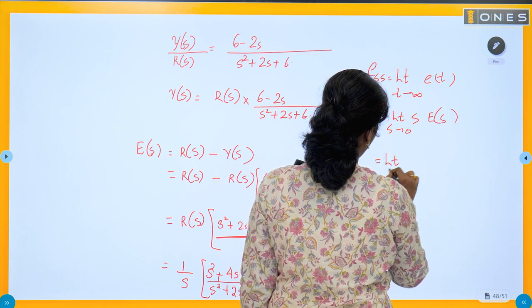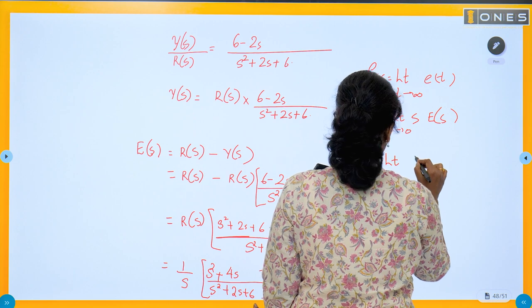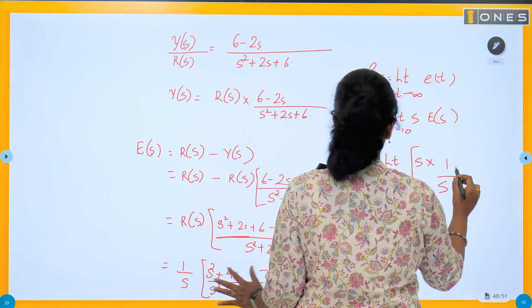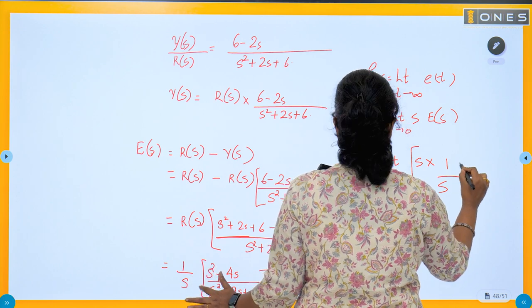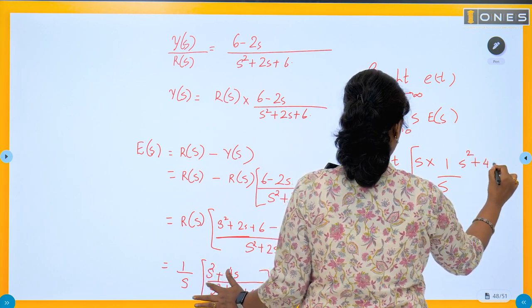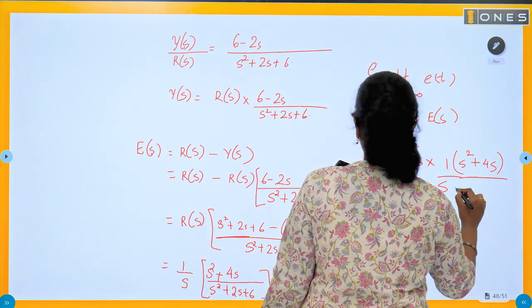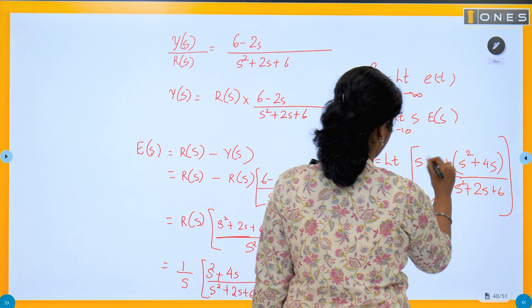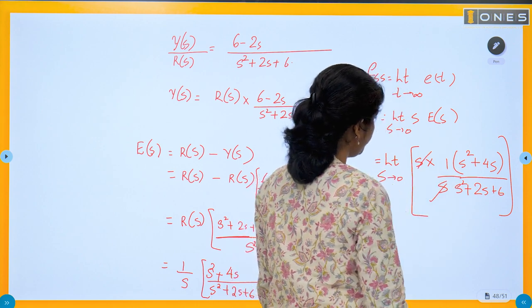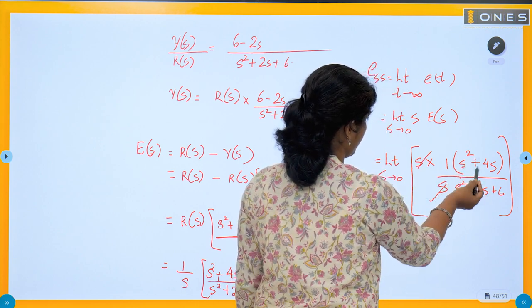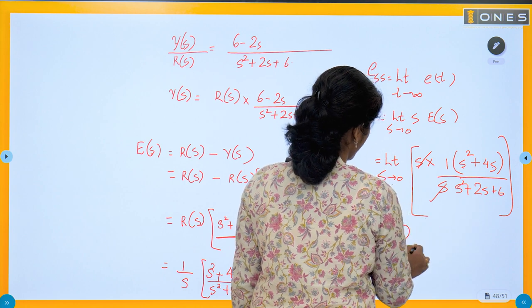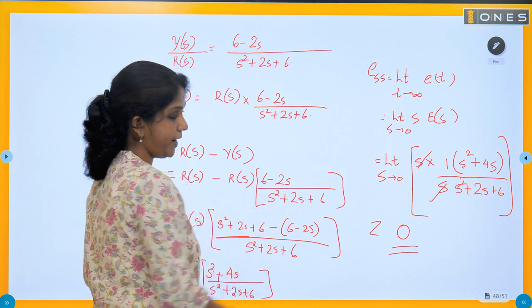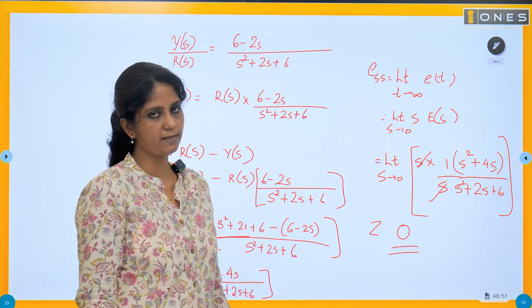So just substitute the limit s tending to 0, s into 1 by s into E of s, which is s square plus 4s divided by s square plus 2s plus 6. This s cancels. When you substitute s equal to 0, the numerator is 0, so your error is going to be 0. By applying the final value theorem, we got the error as 0.